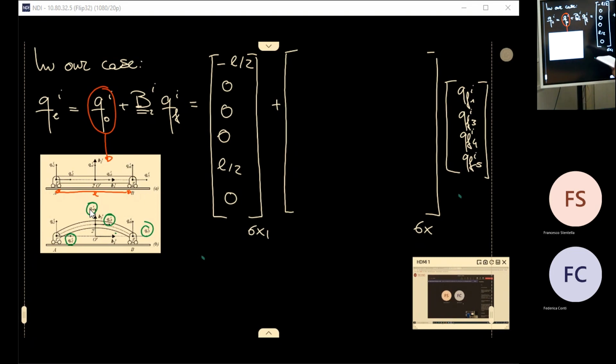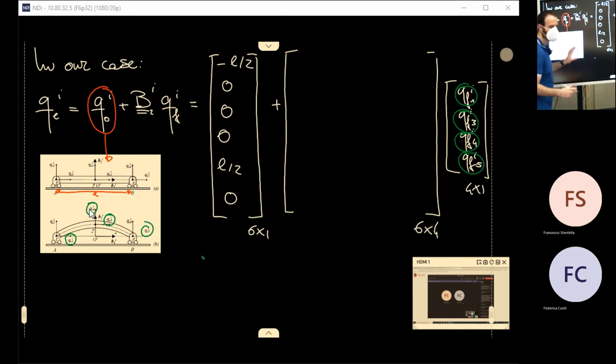So here we can encircle this just to clarify what they are. And here we have 6 times 4, and this is a 4 times 1.